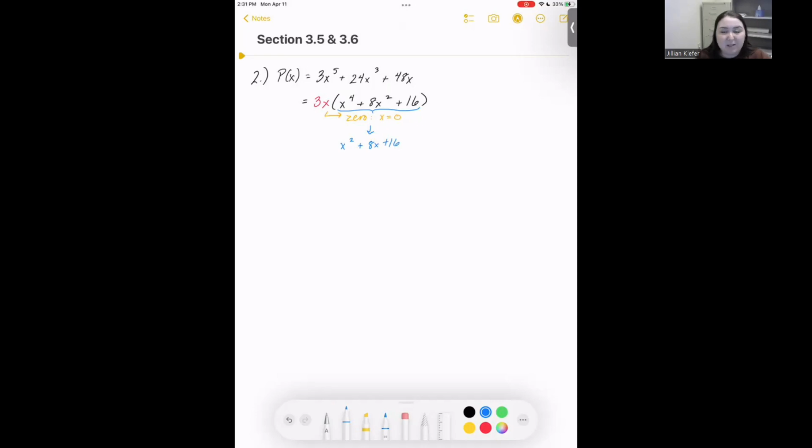I would factor this by thinking of two numbers that multiply to 16 and add to 8. And those two numbers would be 4. If I have x plus 4 times x plus 4, that's how x squared plus 8x plus 16 is going to factor. And for that matter, x plus 4 times x plus 4 is x plus 4 squared.